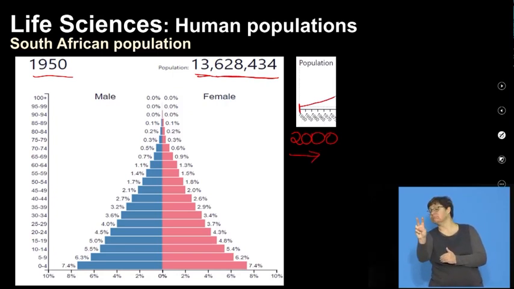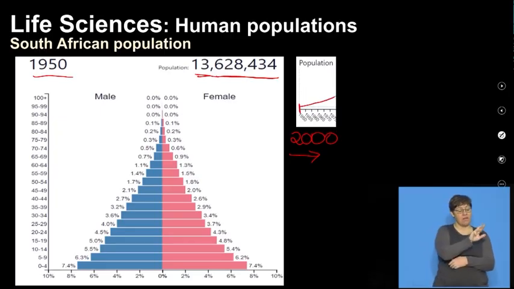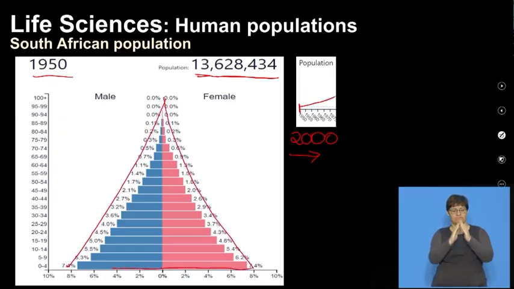So we can see that in 1950, our population growth rate showed the typical expanding pattern. Large numbers of very young children and decreasing numbers of people as we got older and older.